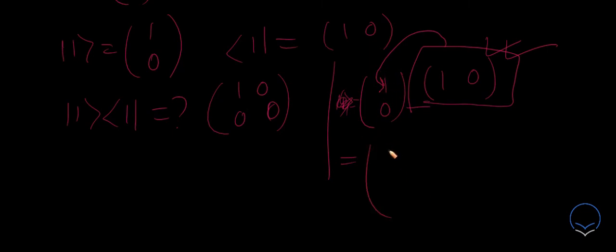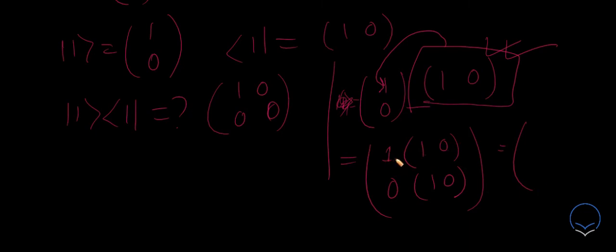Let me be explicit. So you write 1, then you write 1 0, this row matrix, and then you put 0 and you put 1 0, and now you just multiply them. Notice that there are 2 elements over here, so 1 will get multiplied with 1 first and 0 later, and at this point it's just a scalar multiplication.